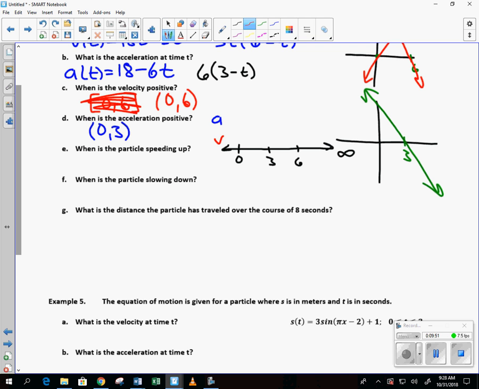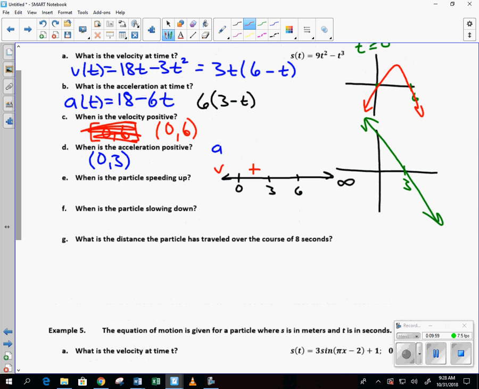Is the velocity positive or negative from 0 to 3? It's positive. Is the velocity positive or negative from 3 to 6? It's positive. Is the velocity positive or negative from 6 to infinity? It's negative.